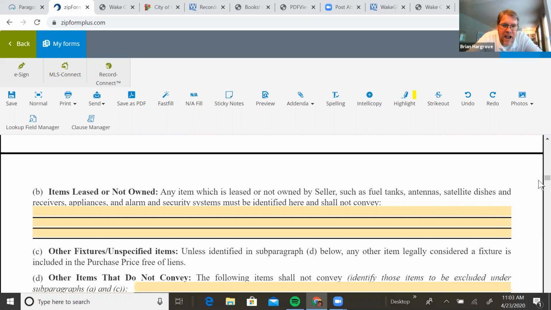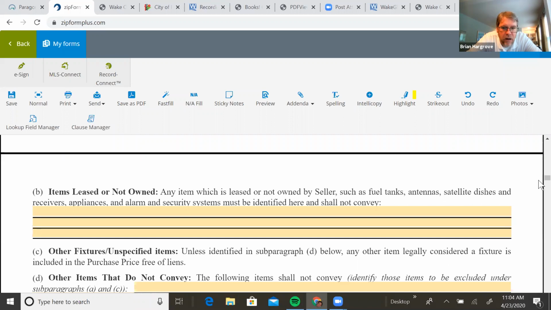Because if their client signs it and that Ring doorbell's up there, and that's a bad example because that's not leased. If an alarm system is up, or a satellite dish or something. I mean, there's really very few things now, but let's just say it's an alarm system and it was leased and not supposed to stay, and their listing agent forgot to put that in there. That's on the listing agent, right?